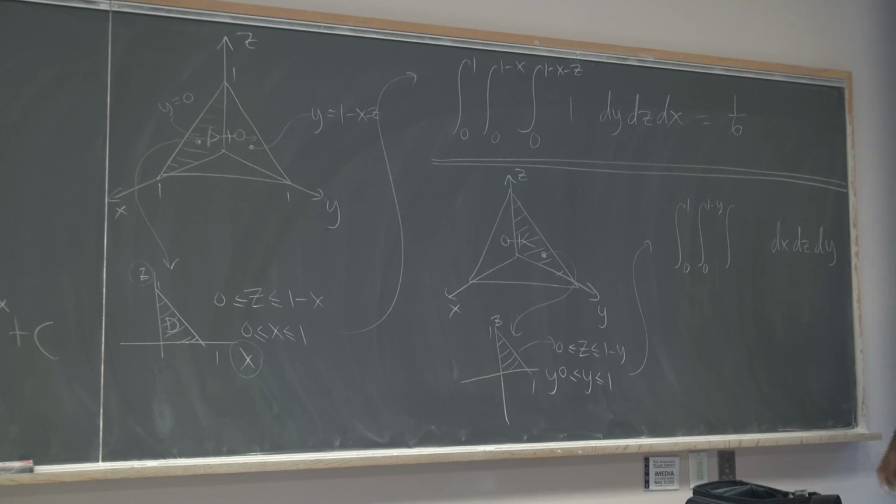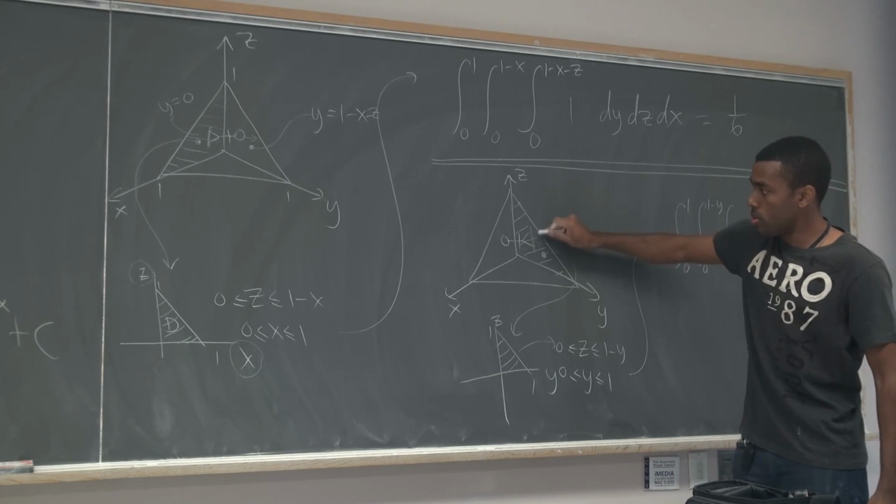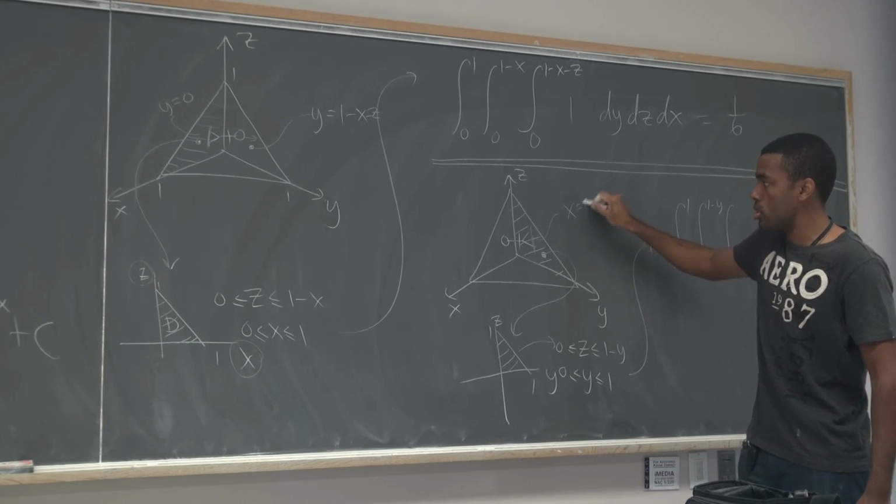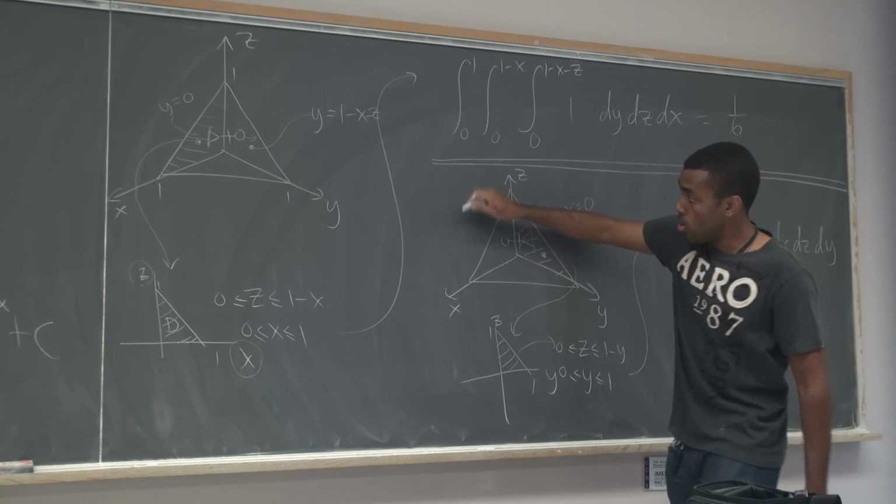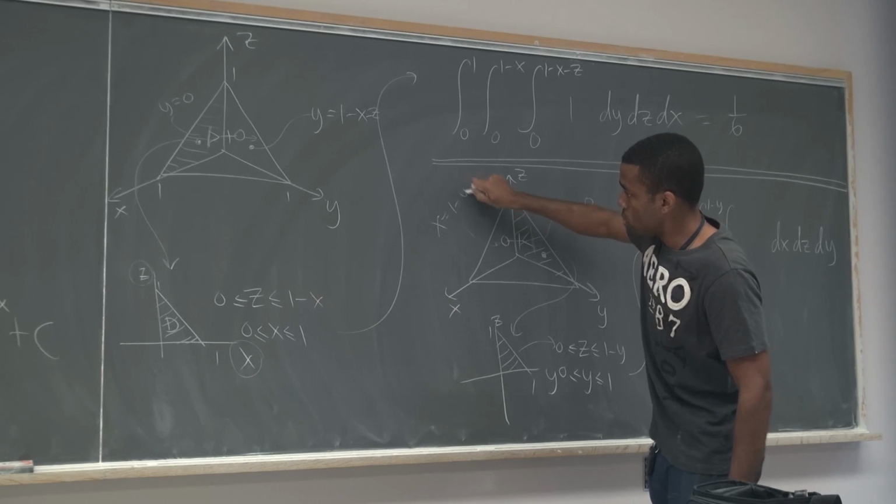What is the third integral going to look like? Well, I'm standing on the floor. The floor is now x equals 0. The roof is now x equals 1 minus y minus z.